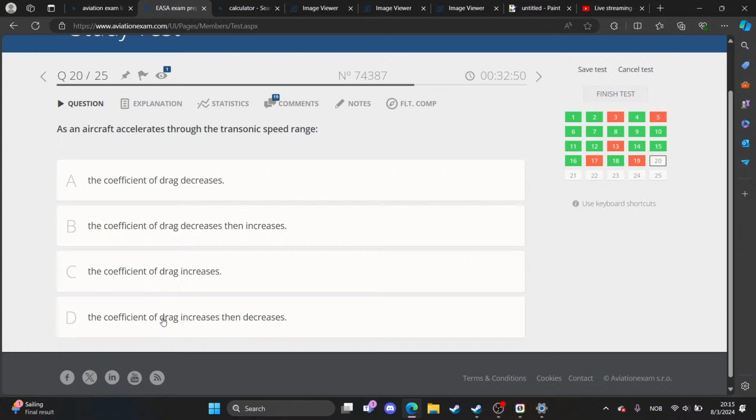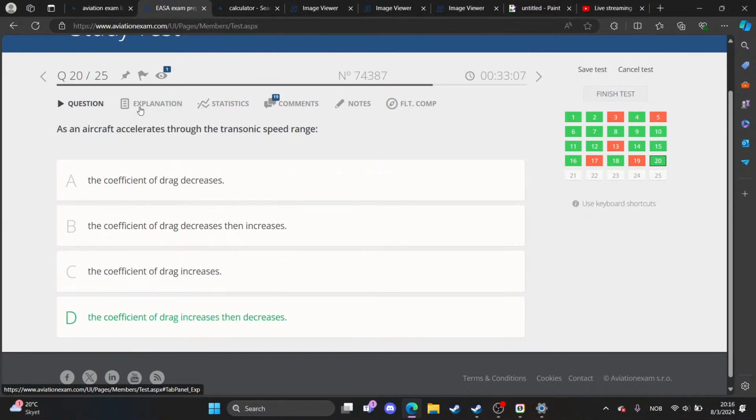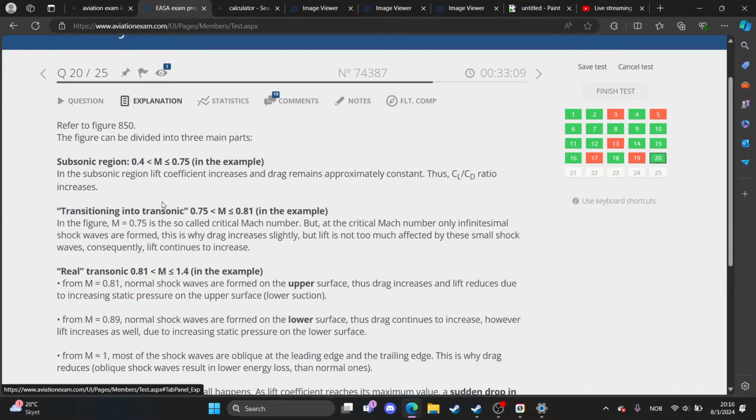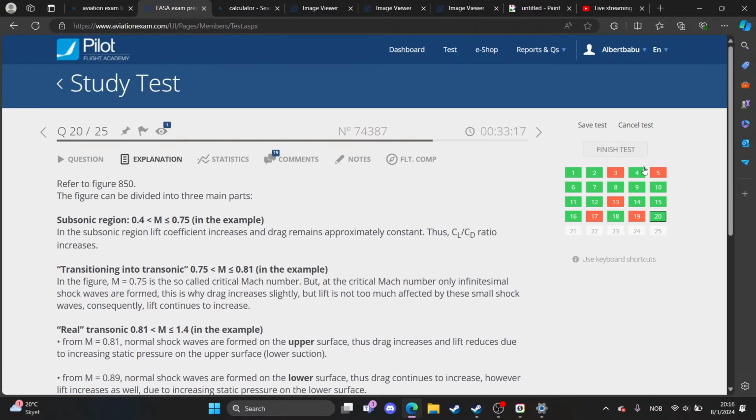Which one's more correct? Hold on. I think it's this one. We'll see. Yes. Quickly look at the explanation. Yeah, because the transonic range is from 0.81 to 1.4. I thought it was 1.3, but whatever. It's close enough.